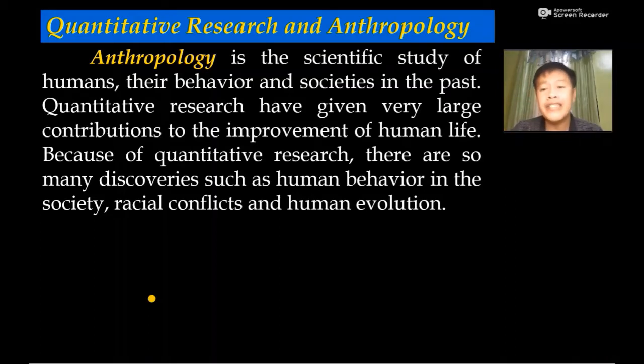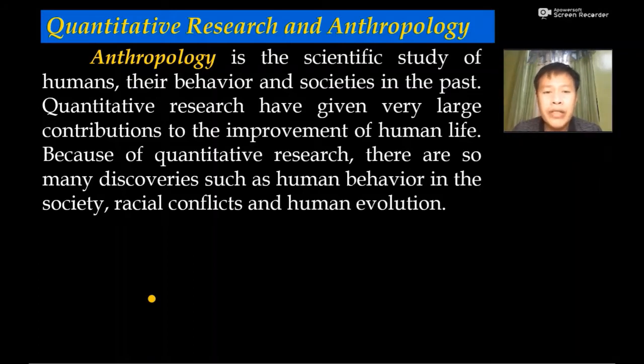Because of quantitative research, there are so many discoveries such as human behavior in the society, how our ancient people lived in the caves. And that is because of anthropology, how the racial conflicts were being resolved during those ancient times.